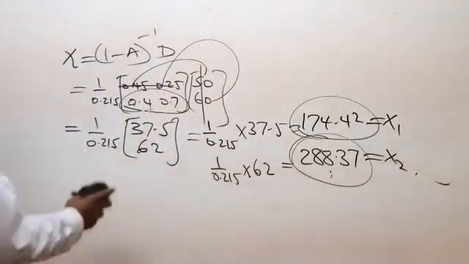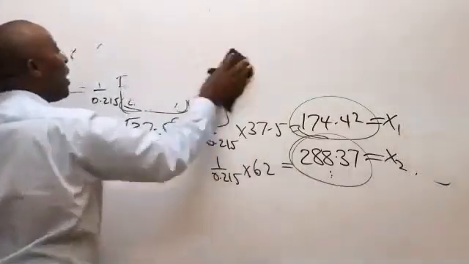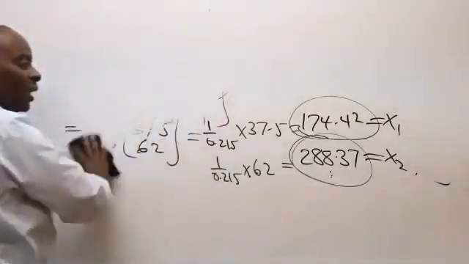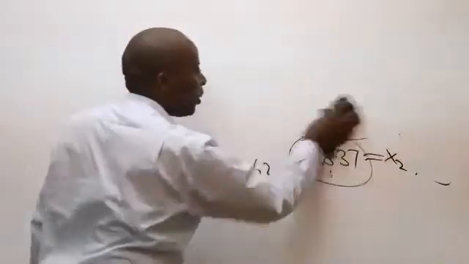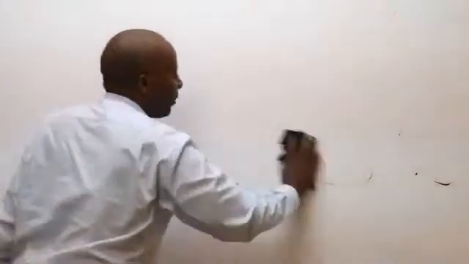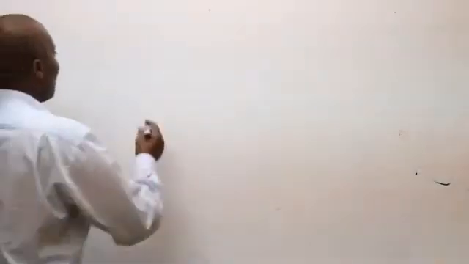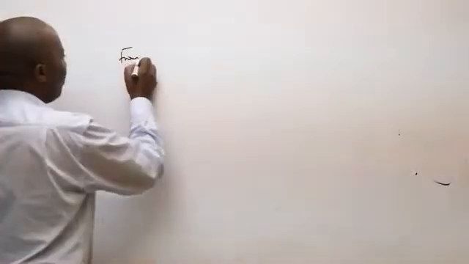Now, ladies and gentlemen, listen. Your examiner will never give you a question directly like that. What your examiner will do is come and give you this kind of question.